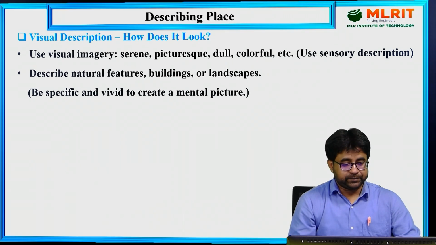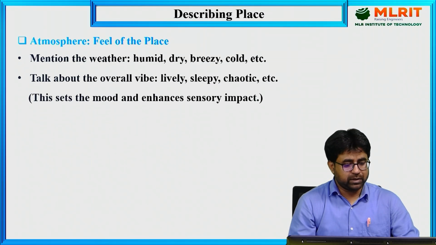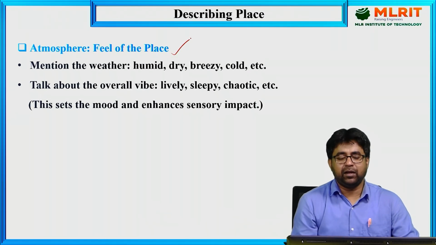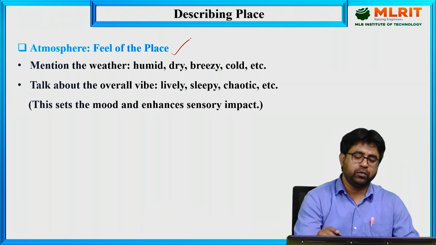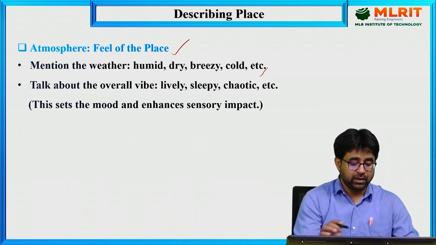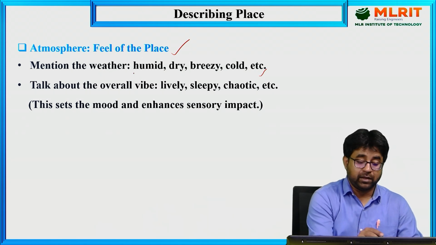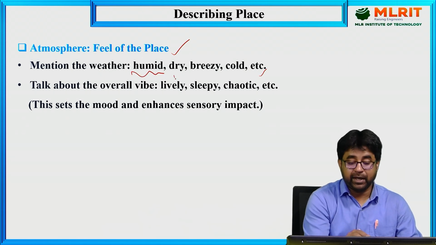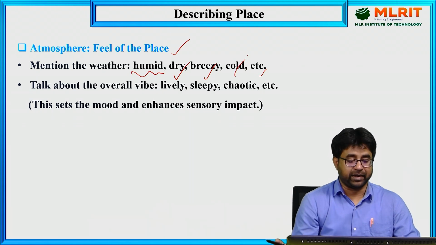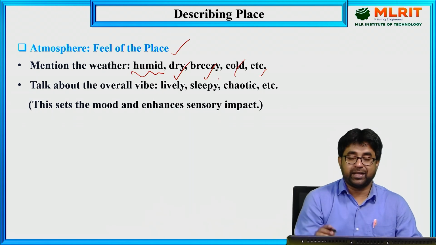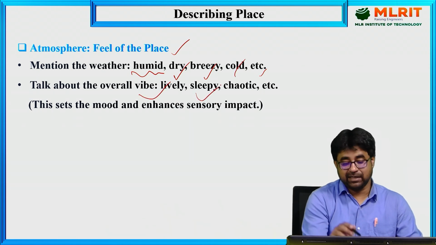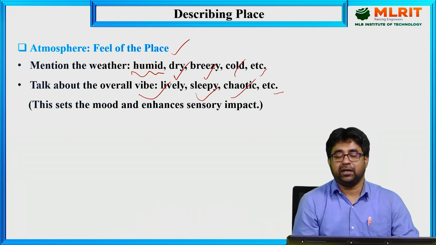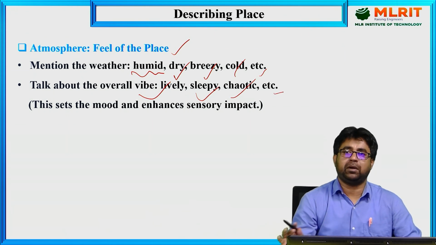Fine. Now let's move to the next part, atmosphere, the feel of the place. What do you exactly feel about the place? You can talk about the weather, whether it is humid, dry, breezy, cold, etc. Now talk about the overall vibe, whether the place is lively, sleepy, chaotic, etc. So these things, a general feel about the place, right?